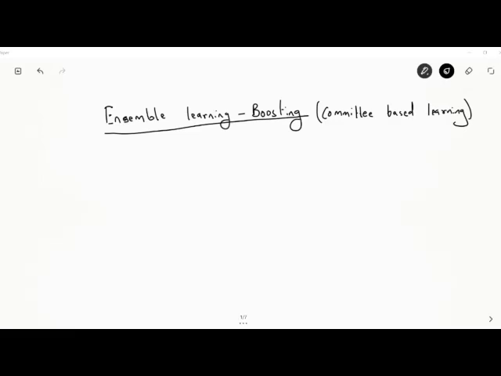The main idea behind ensemble learning is to combine multiple base learners, B1, B2, and so on up to Bn, into a classifier B which performs better than all of these classifiers together.